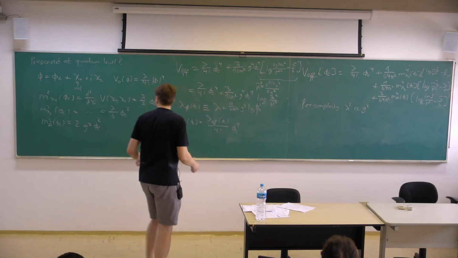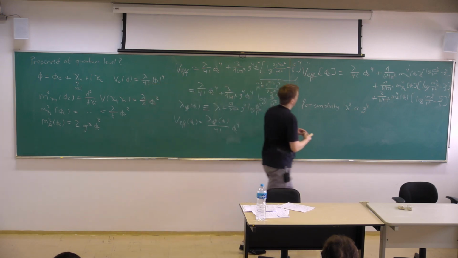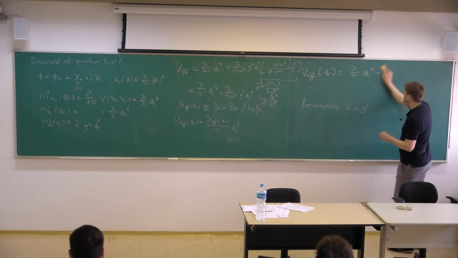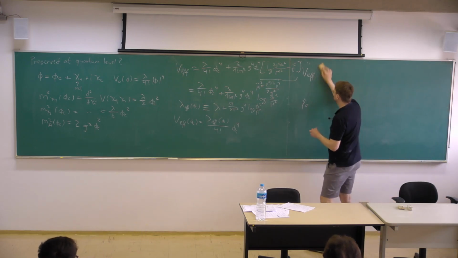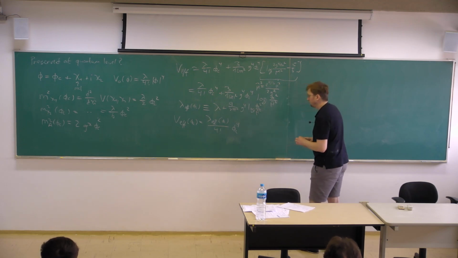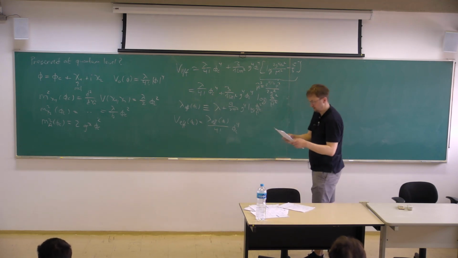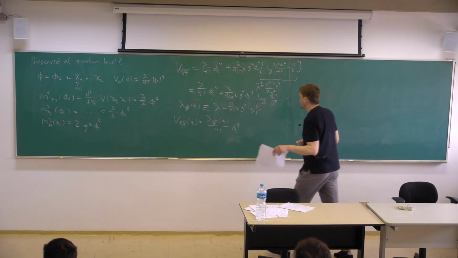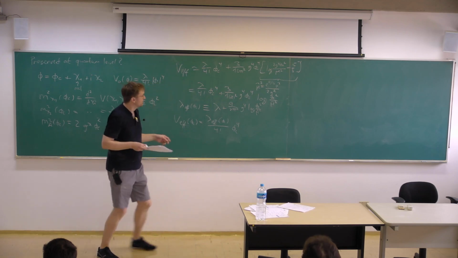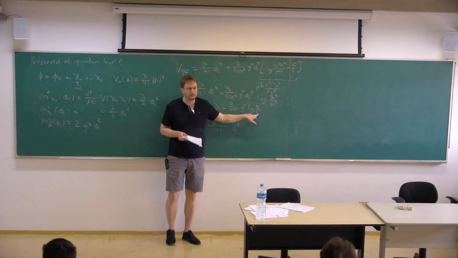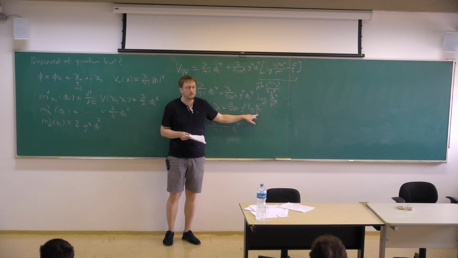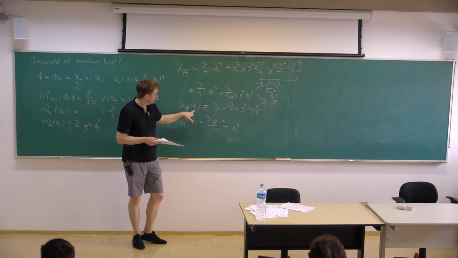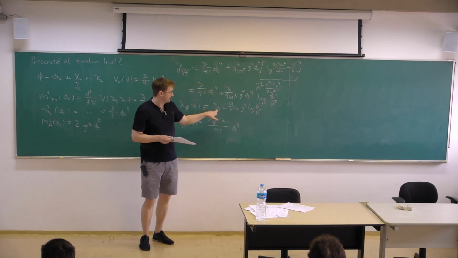Okay, let's put this to use. In particular, now you get a better idea of what the scale is. The scale mu tilde that I've now introduced: if I evaluate this coupling at the scale mu tilde, I get lambda.